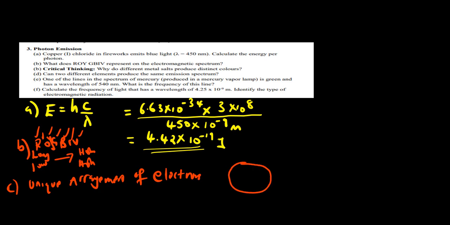Let me say these are the shells, and we have the nucleus in the middle. When you heat these metals, maybe copper or whatever, this electron can move. These are energy levels, they're also called shells. This is n equals 1, this is n equals 2.